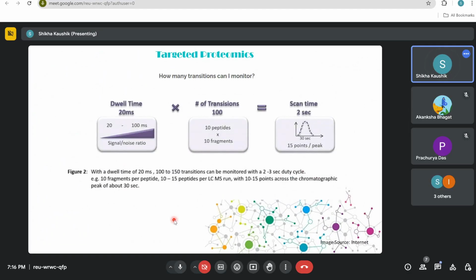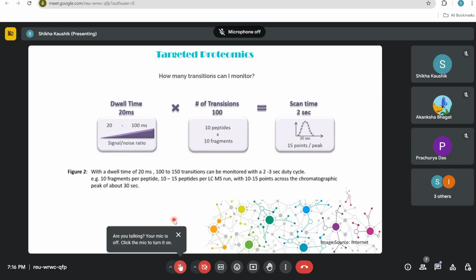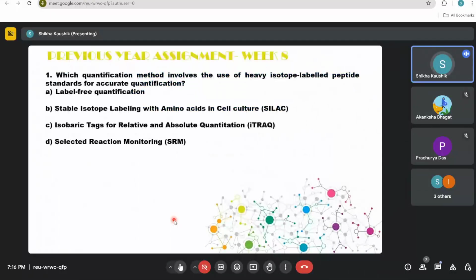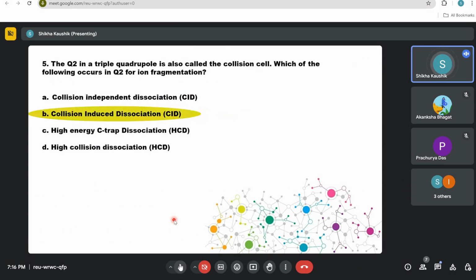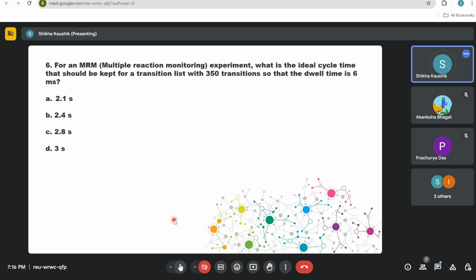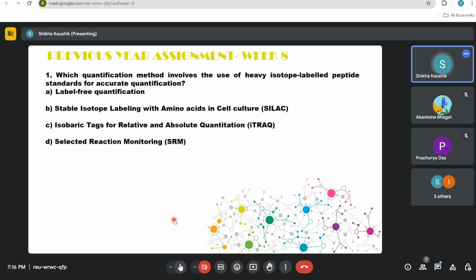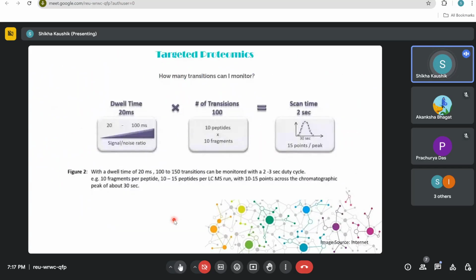Yeah, here you have the formula. They have given the dwell time of 6 milliseconds, and they have given you 350 transitions. So you have to put this in this particular formula. That's why I've kept this formula, and then you can get your scan time.